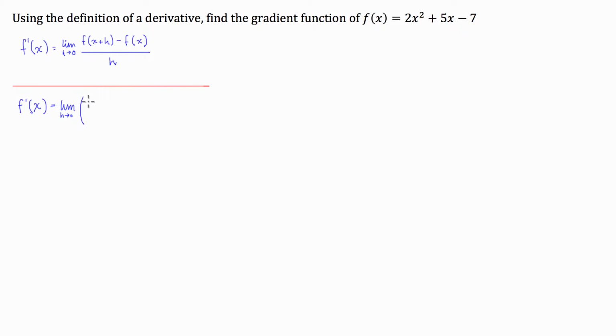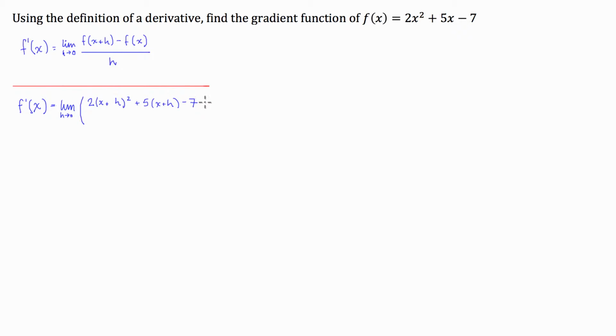So we have 2 bracket x plus h squared plus 5 bracket x plus h minus 7. Now this is quite a tedious process, but if you do any kind of introductory calculus class, you're probably going to get a question like this in an exam, so it's worth knowing.